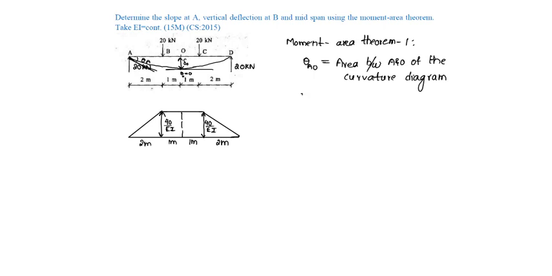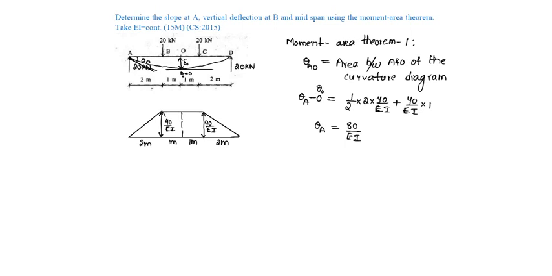So theta A minus theta at O, which is 0, equals the area: half base into height for the triangle, and for the rectangle it is 40 by EI into 1, from which theta A is obtained to be 80 by EI, since theta at O is 0.